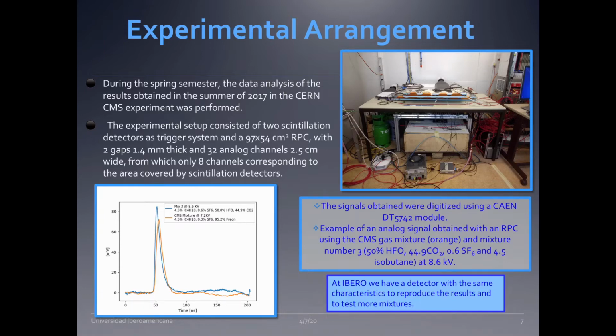Signals were digitized using a CAEN module. Here we can observe an analog signal obtained, orange for the CMS mixture and blue for the mixture number 3 that we will define later.